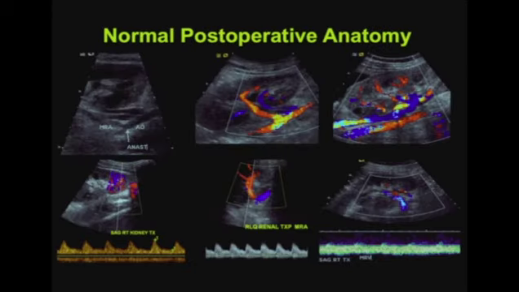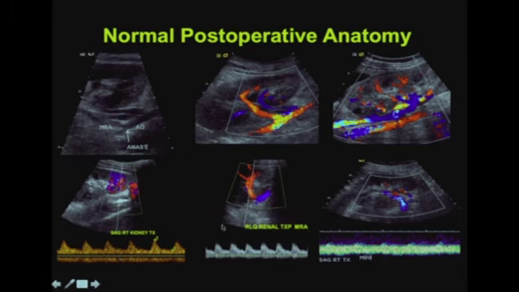And on this slide we have the normal postoperative anatomy of the kidney transplant. You can see here's a portion of the kidney and the main renal artery coming off the aorta in this particular case with the anastomosis right here. And we assess the spectral waveforms. We look for a nice sharp upstroke of the arterial waveform.